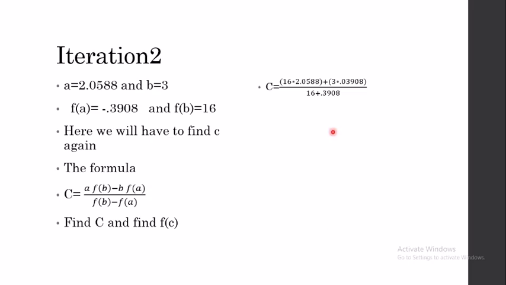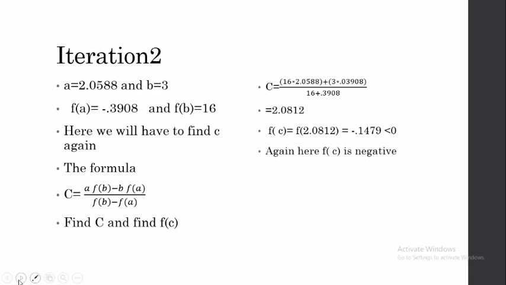By substituting the values in the formula, you will get c equal to 2.0812. If you find f of c, again you will get a negative value, that is minus 0.1479, which is less than 0. Again f of c is negative, so you will have to change the value of a, and it is clear that now the root lies between 2.0812 and 3.